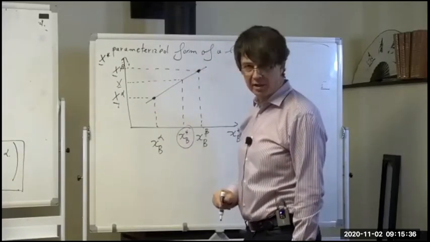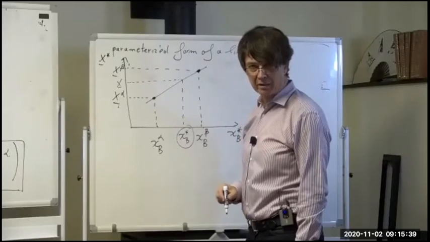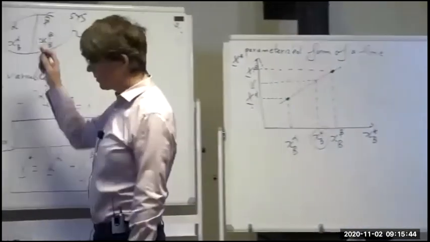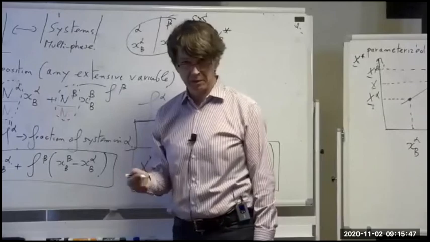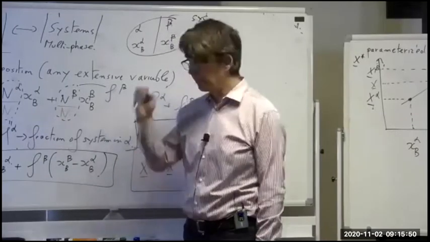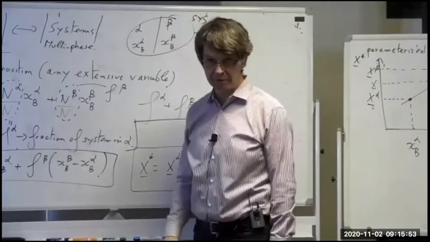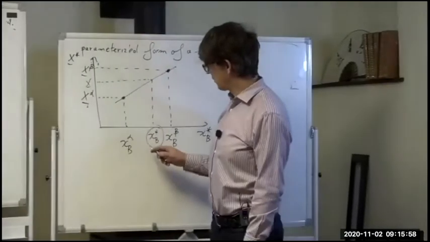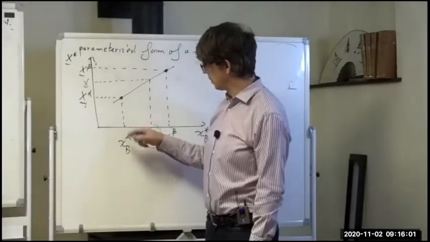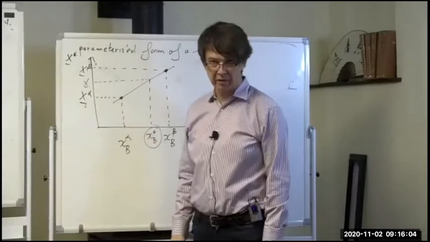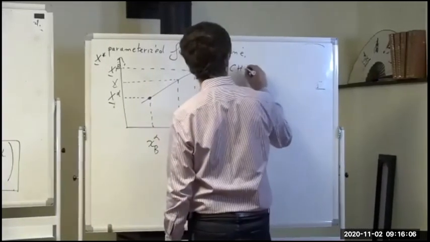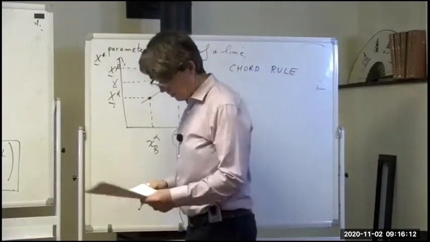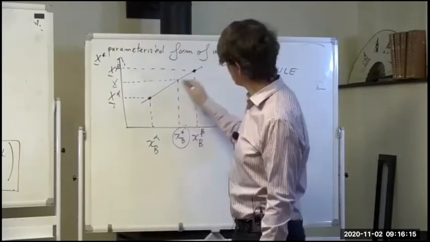I feel like the words are more complicated than the actual concept, right? If I make a multi-phase system, the extensive thermodynamic properties of that system are simply the compositional average of those of the phases. That's what the line is telling me. If I'm close by here, I have a lot of alpha, so my property is close to that of alpha. This is called the chord rule, because I guess this is a chord.